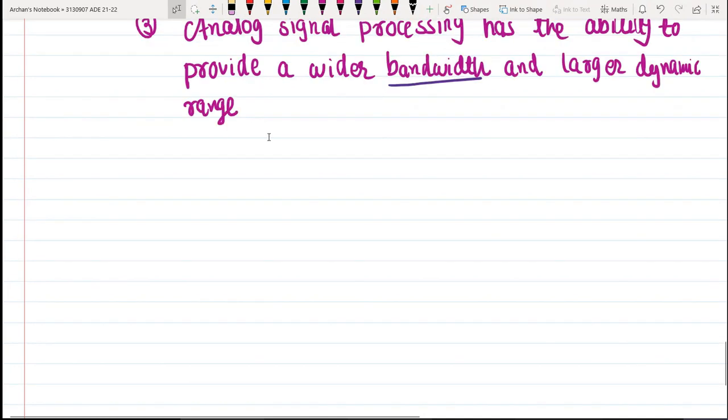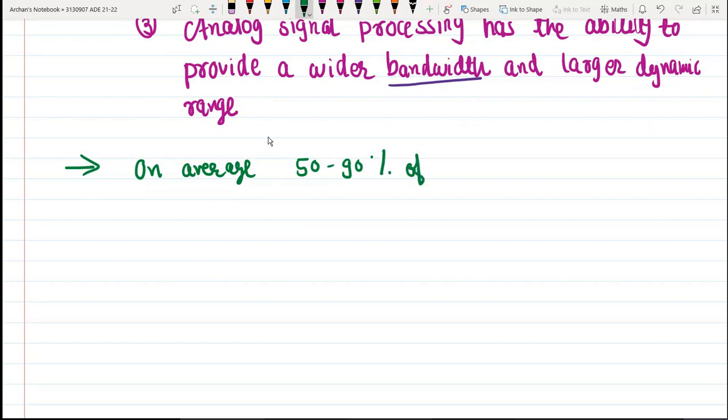Now talking about the occupancy of these analog signals and digital signals. On an average, 50% to 90% of the circuits which are existing in the market are digital circuits.